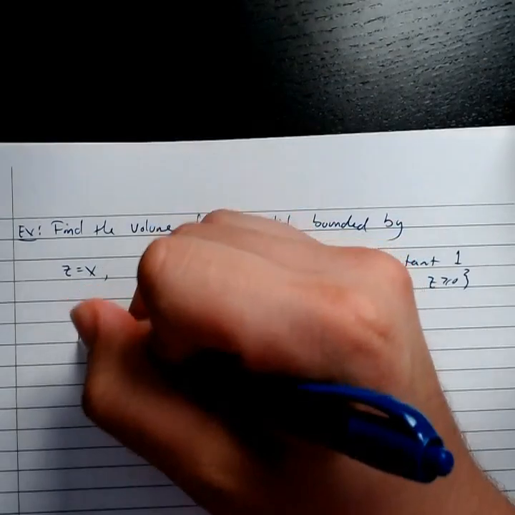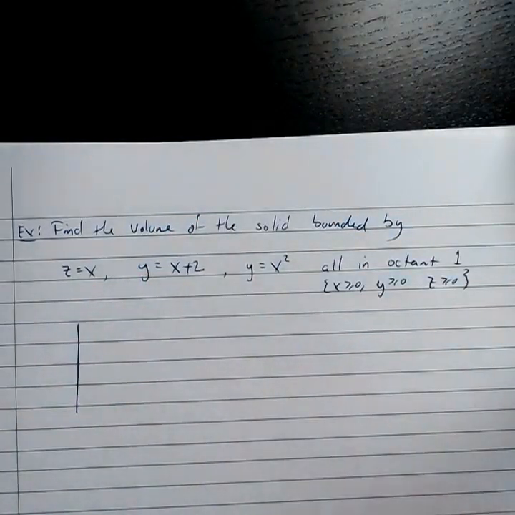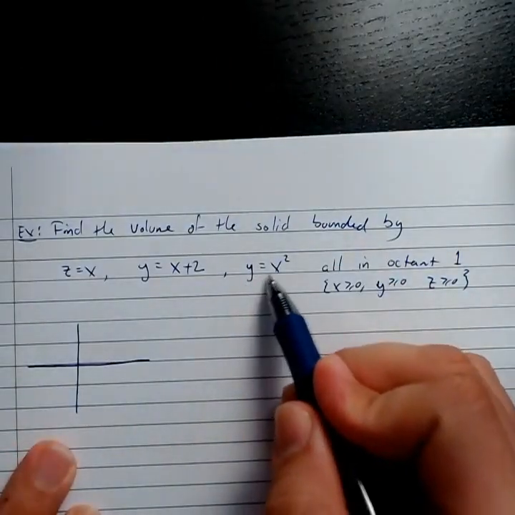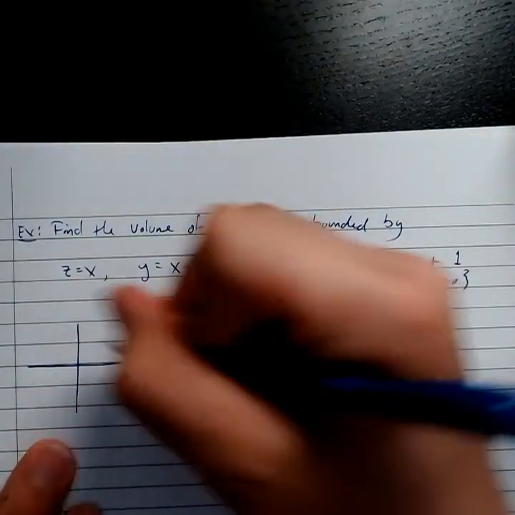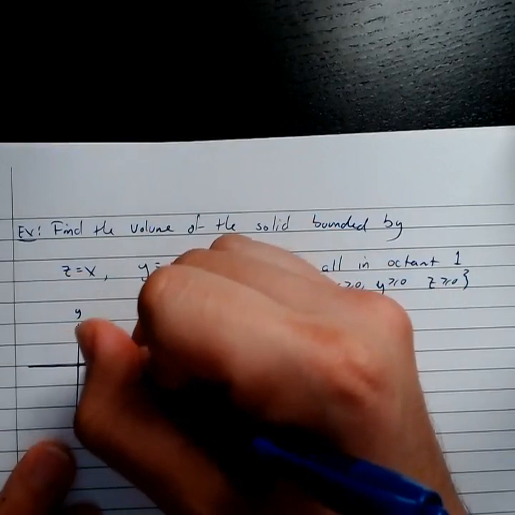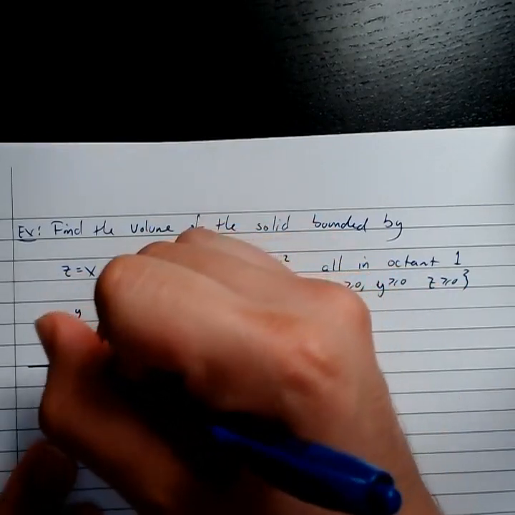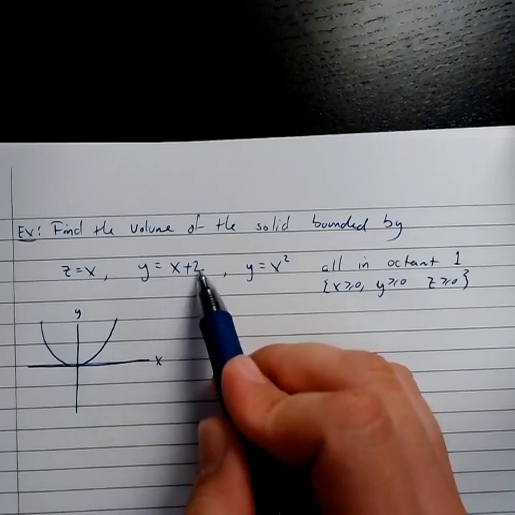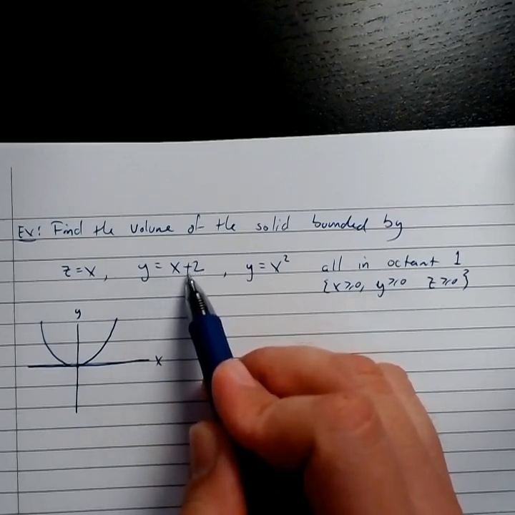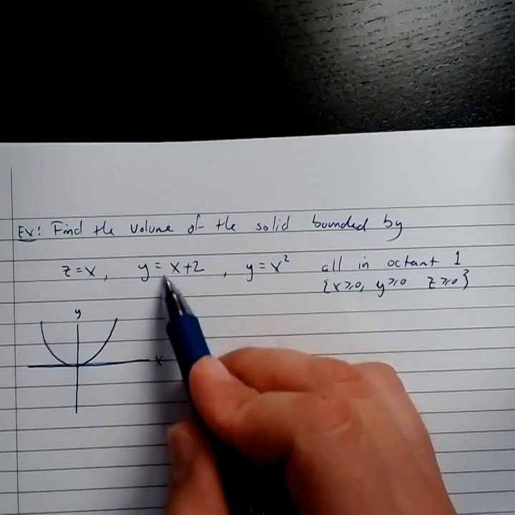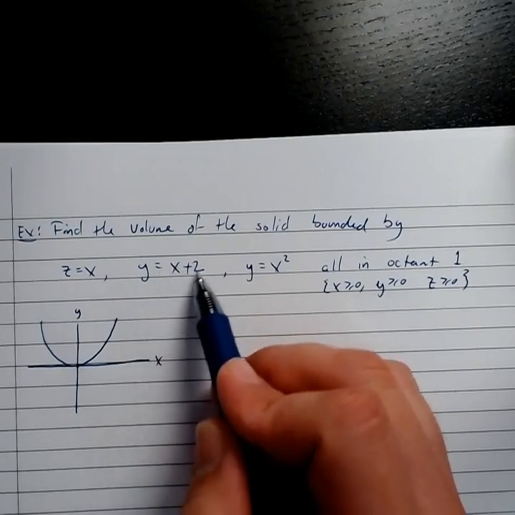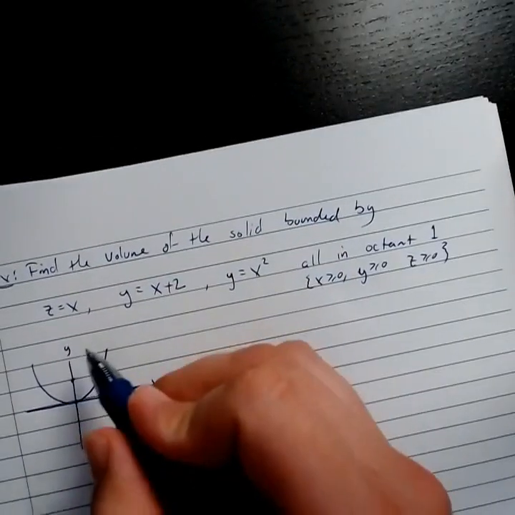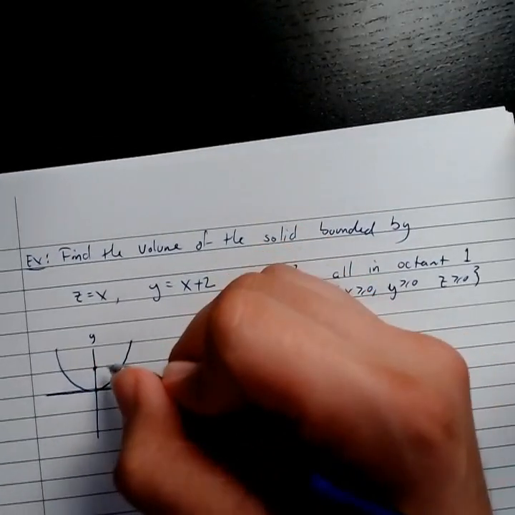Here, let me adjust on the xy plane. I have the line y equals x squared. So here's my x and here's my y, and that's just a parabola. That looks like that. And then over here I have y equals x plus 2, which is the linear equation of slope 1 with a y-intercept of (0, 2). So it'll be up here, and it'll have a slope of 1.